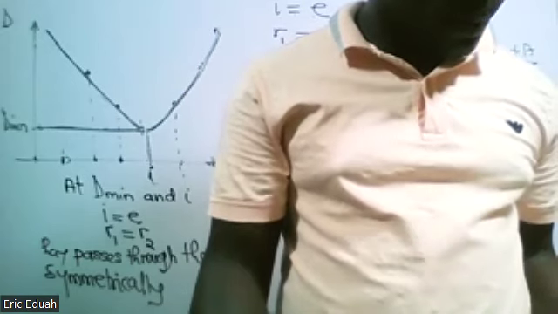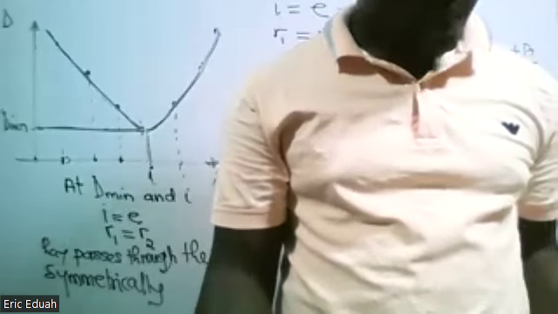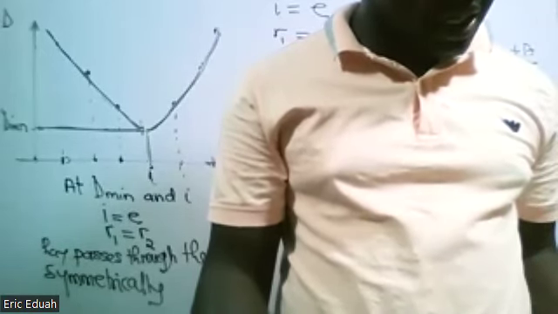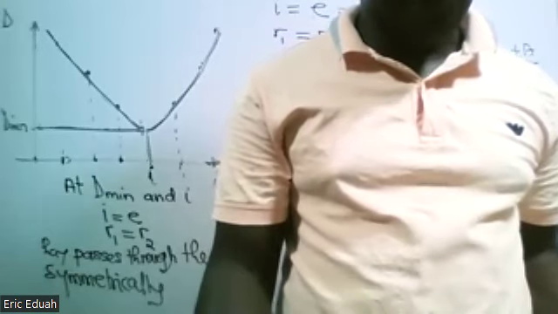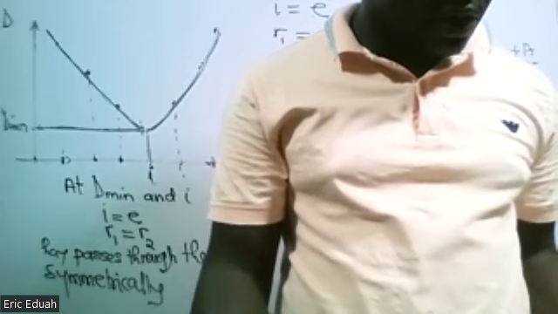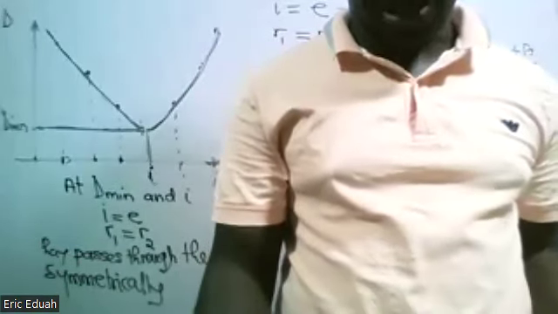If in a prism, A is 60 degrees and the refractive index is 1.52, calculate the minimum deviation of a ray of light that passes through it.